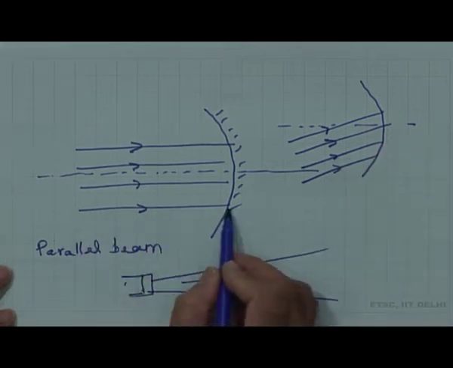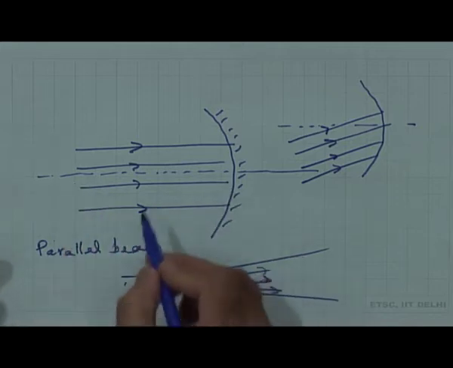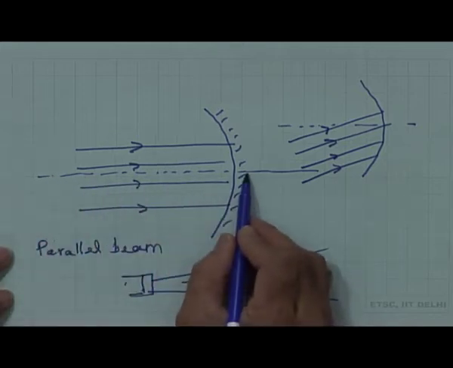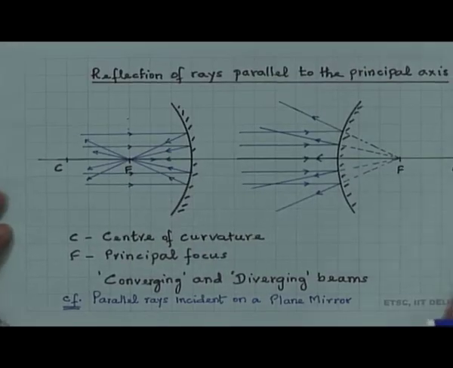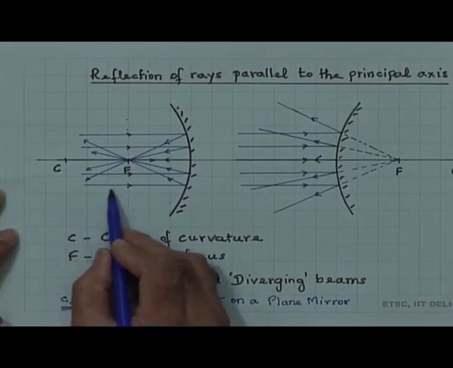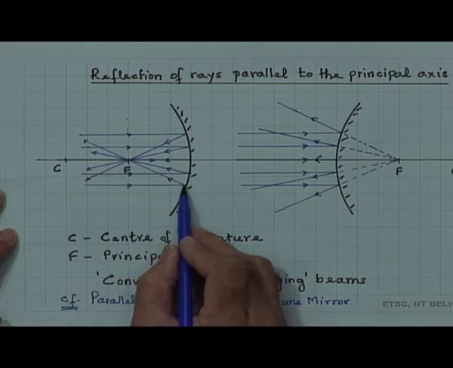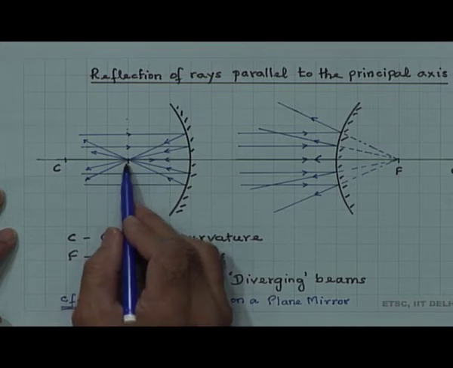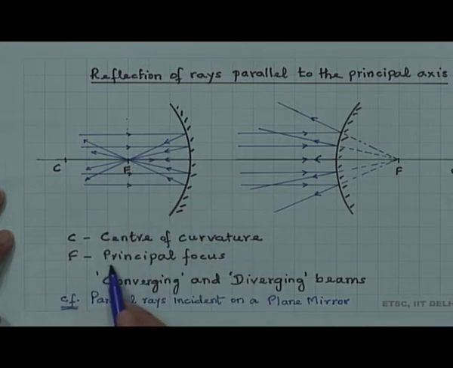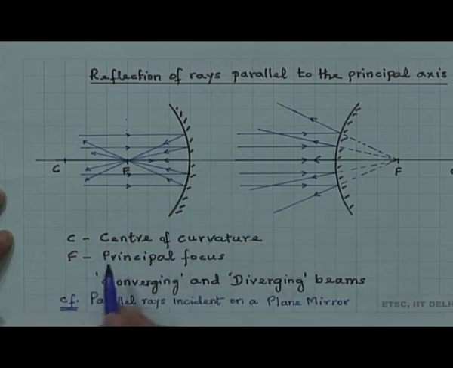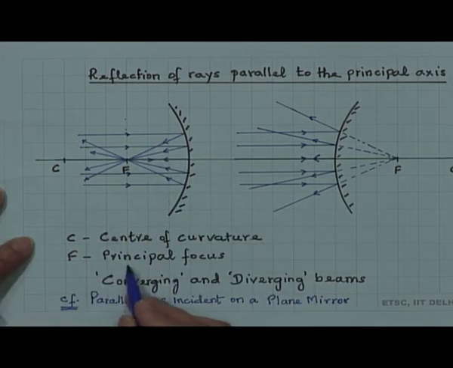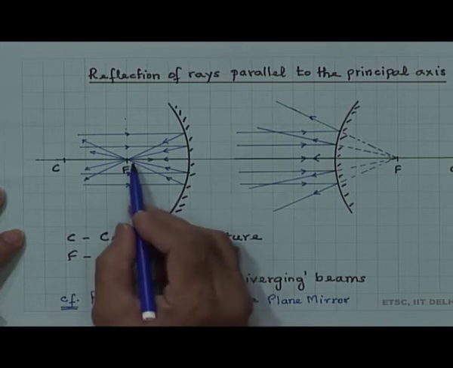So, parallel rays or rays parallel to the principal axis. What I have shown in this diagram here is that rays incident parallel to the principal axis all focus to a point f called the principal focus. How do we know this? We will see just in a minute. So, f is called the principal focus.